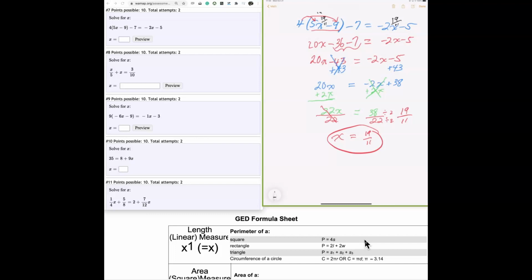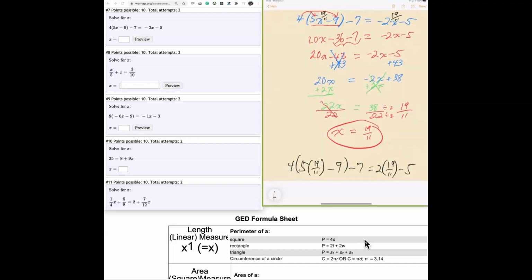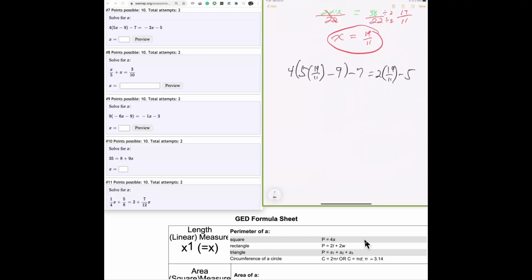So let's work those down here. 4 times 5 times 19/11 minus 9 minus 7 is equal to negative 2 times 19/11 minus 5. And again, you wouldn't do this part on a test unless you had time to check your answer. We're just going to do it to demonstrate that this is the right answer.